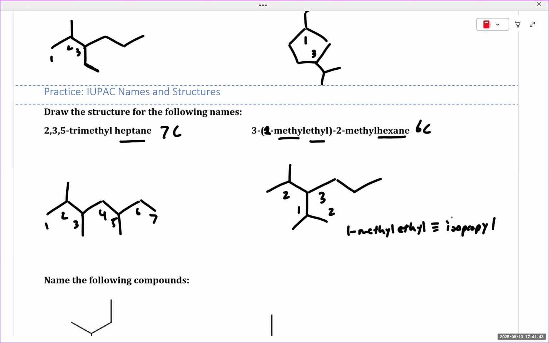So in this case, it's important to be familiar with the complex IUPAC naming, as sometimes the complex IUPAC name is used in place of the common name.